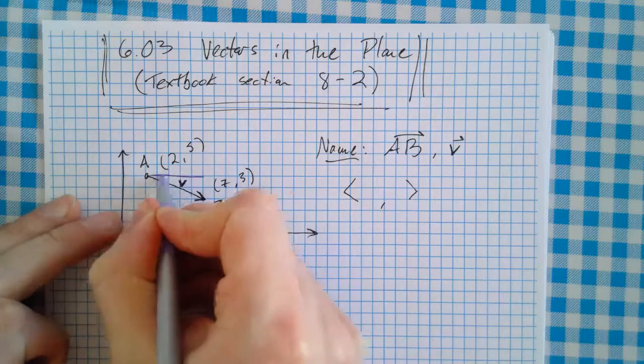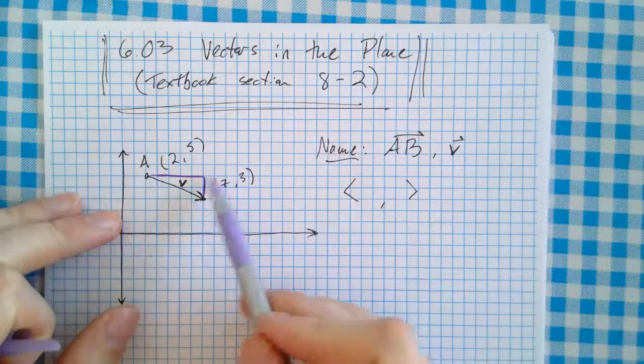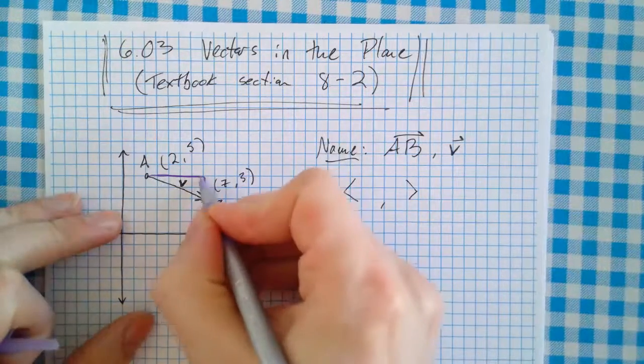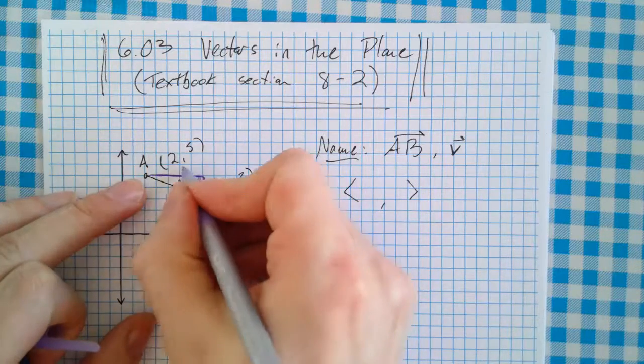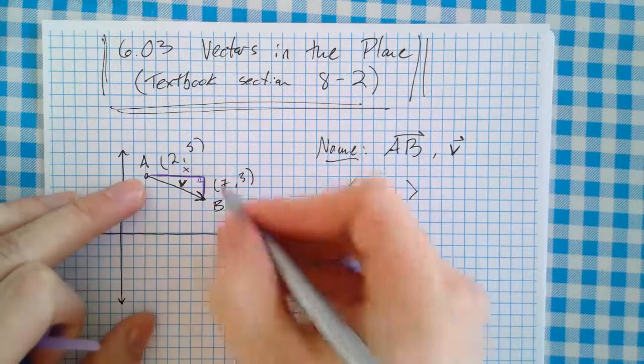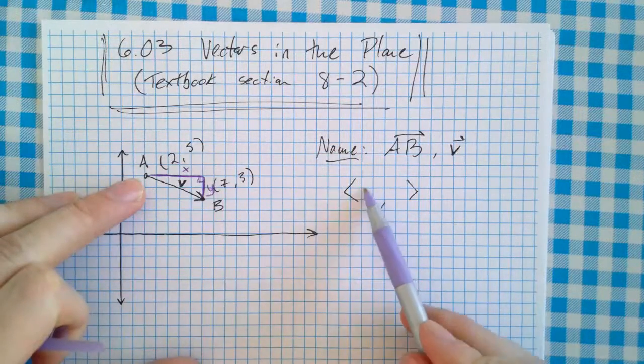Let's see if we can take a look. Kind of like when you figure out the slope of a line, you draw this little right triangle in here. This is the x component of our vector, and this part here is the y component of our vector, and those are going to go here, x and y.